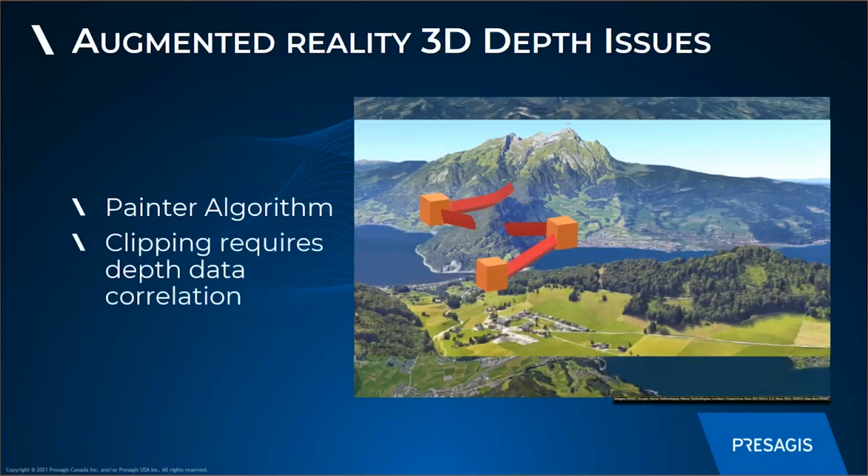That actually requires you to be able to clip your graphics based on some depth data and do a correlation of that. Now, there are many ways of approaching this problem, but it becomes very important because the previous scene was misleading.